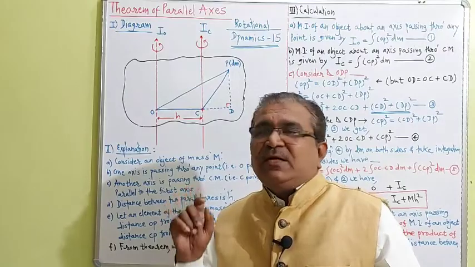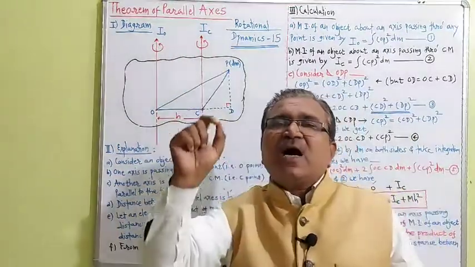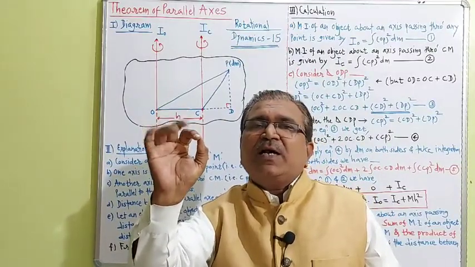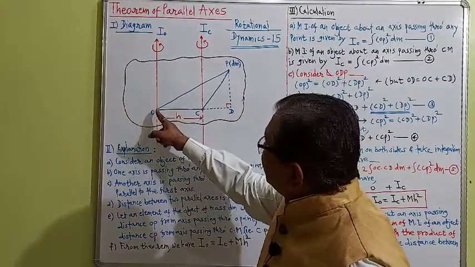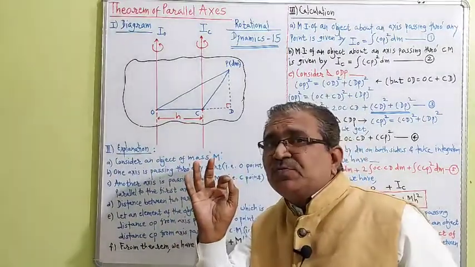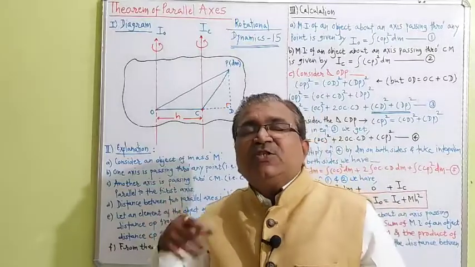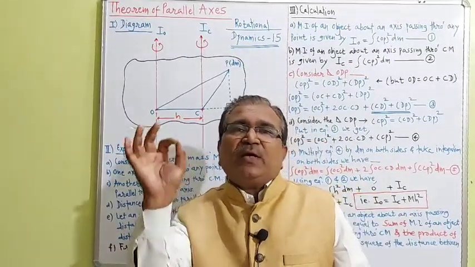Okay, then the question arises, what is IO? IO is the moment of inertia of a body about an axis passing through any point. Let us assume the axis passing through point O. In general form, we can say passing through any point.